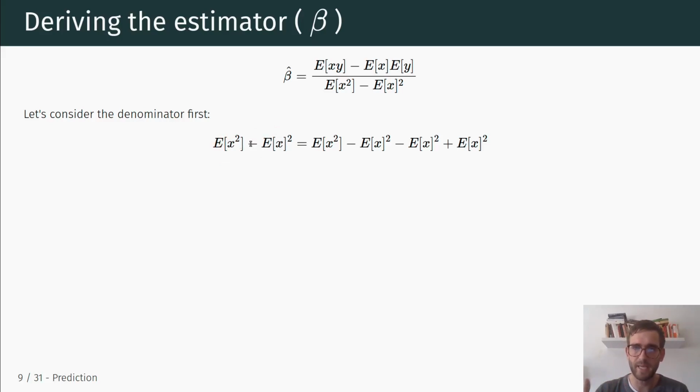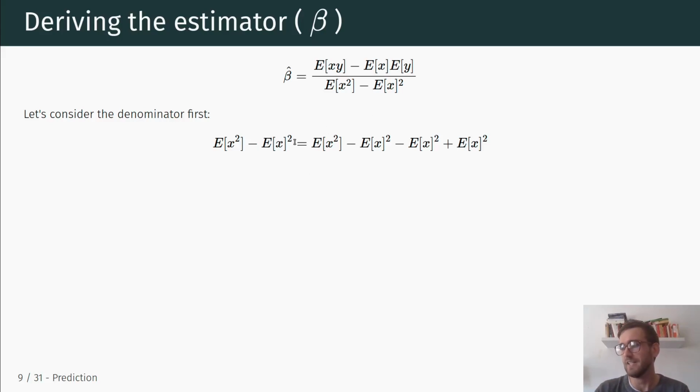We're going to expand this equation by adding something and directly subtracting it. So we're not actually changing anything, but that will allow us to rearrange things in a format that will make sense later on.